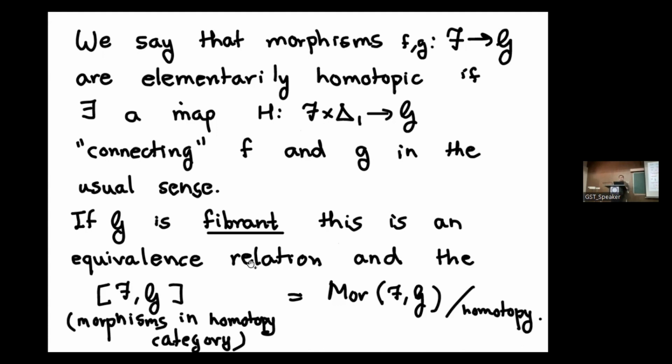And so it's a similar thing that you have to do here: if G happens to be fibrant, then any morphism from F to G in the homotopy category will be represented by a morphism in the original category. And in fact, the set of morphisms in the homotopy category, which I'm denoting by square bracket F comma G, is equal to the morphisms in the category of simplicial sheaves modulo the notion of homotopy in this sense.